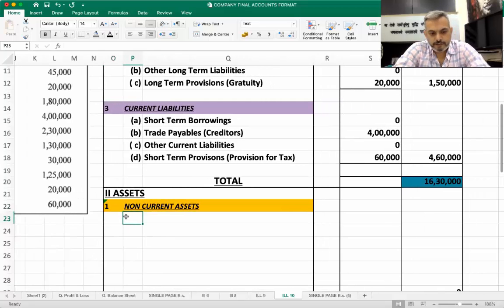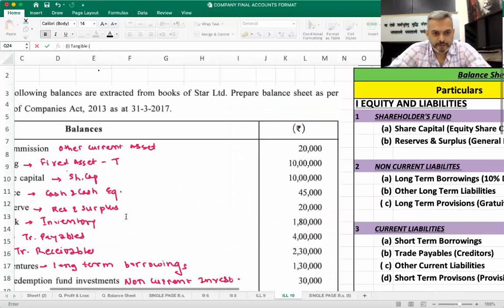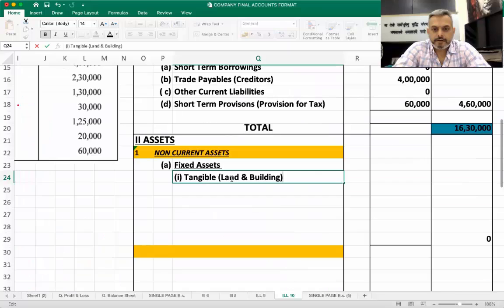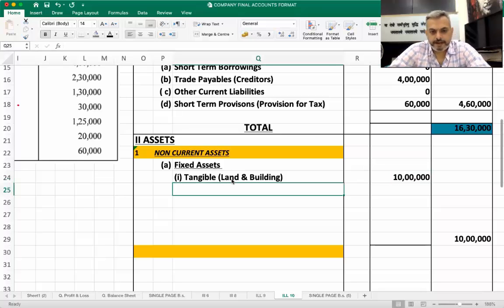Now first one, so A, fixed assets, tangible. Now fixed asset, tangible, what do we have? Land and building, 10 lakh. Land and building, 10 lakh.